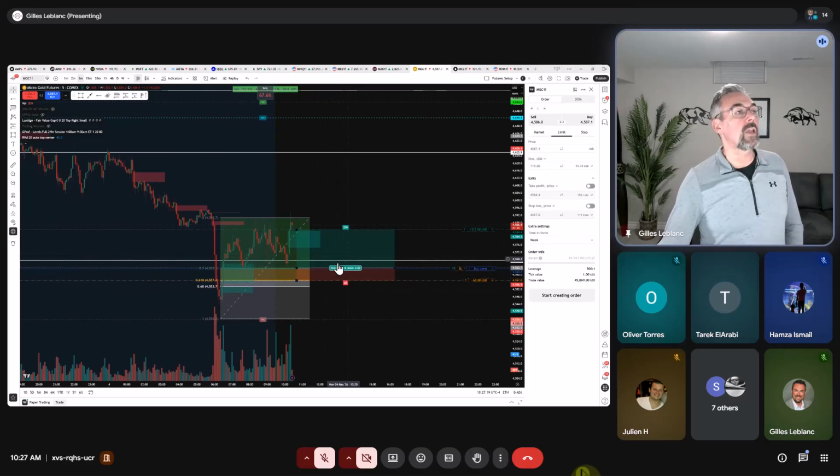Or I was looking at getting long. Look at those fibs that I put in earlier, right? We were buying, and then right over here we rejected. We came down. This was a higher time frame level over here. Right at the 50 was where I put a limit order. My limit order is at 45.6330.